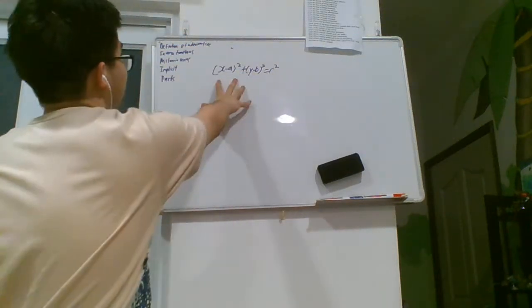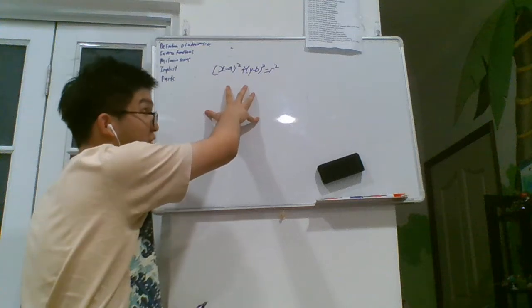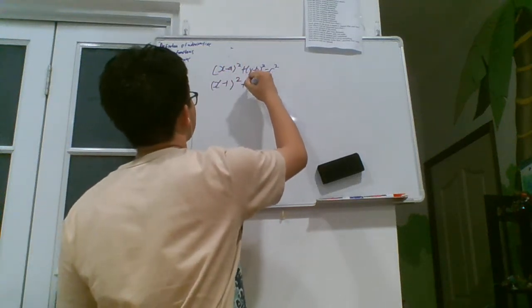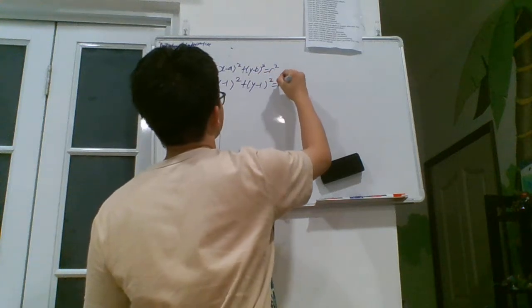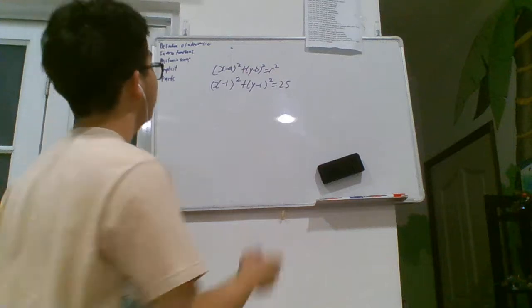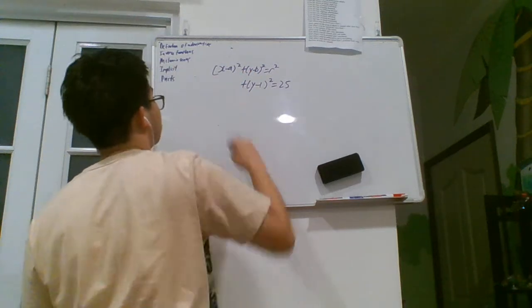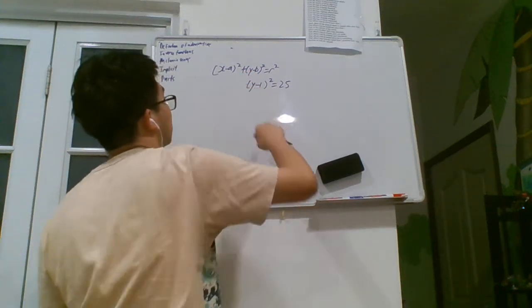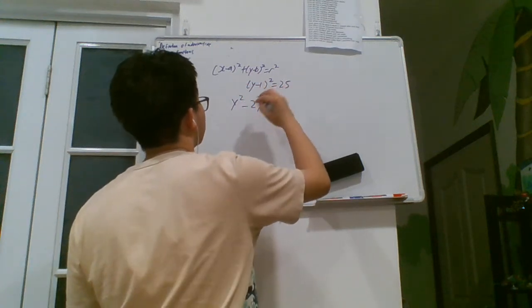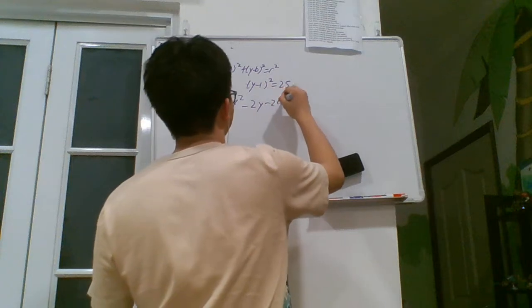So this is not a function, and maybe I should give a worked example. It's 25. So let's say x is 1. If x is 1, this will be the resultant y. It will be y squared minus 2y minus 24.